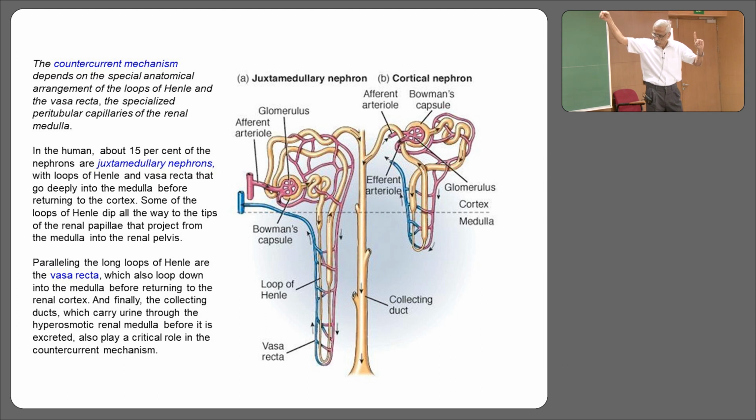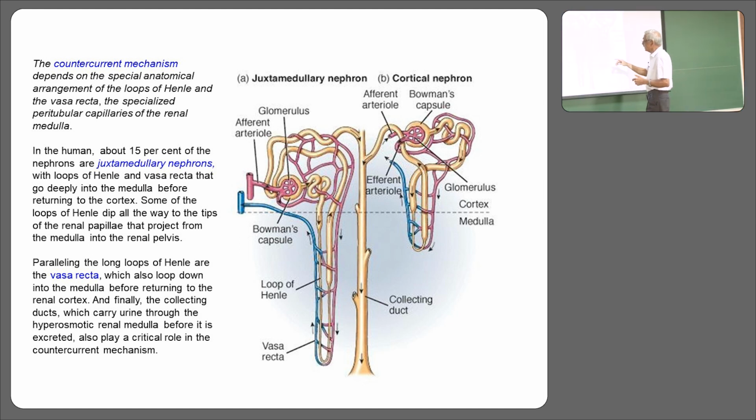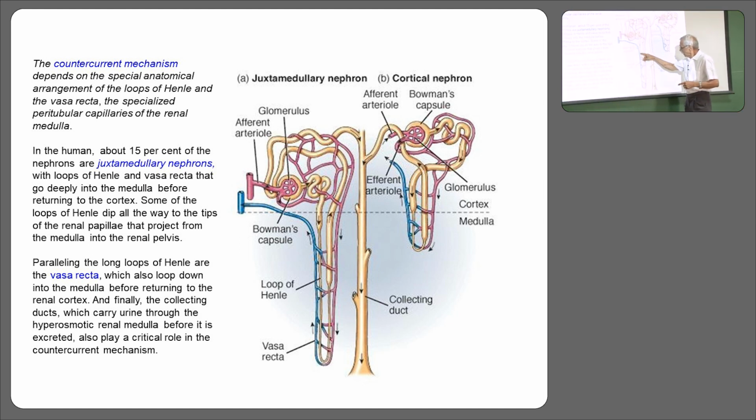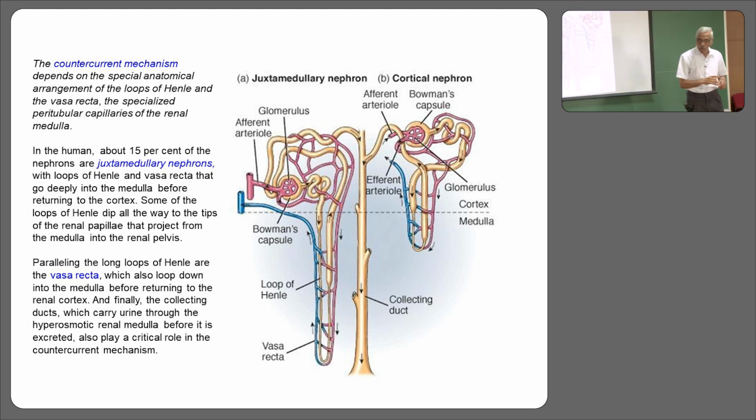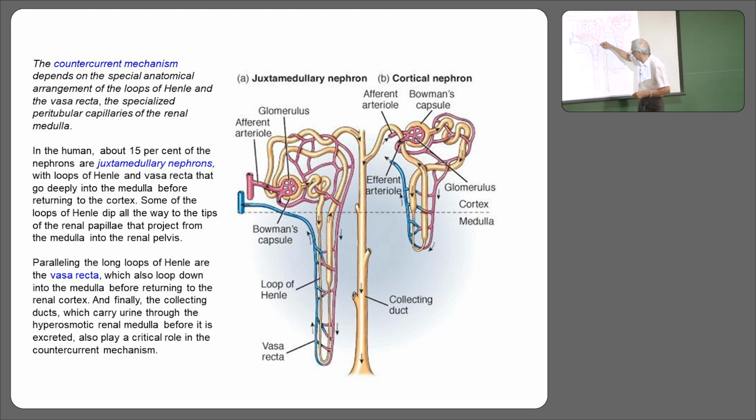Can you see the downward arrow? Going along with that is a certain part of the peritubular capillary network, which also accompanies this blood vessel that carries oxygenated blood. So they are parallel. Are you with me so far?